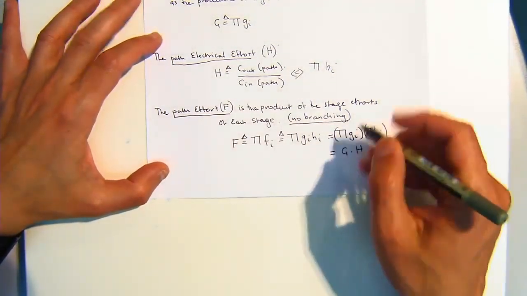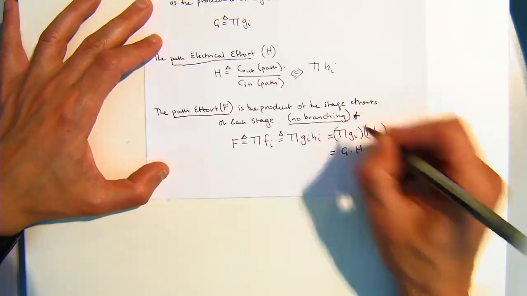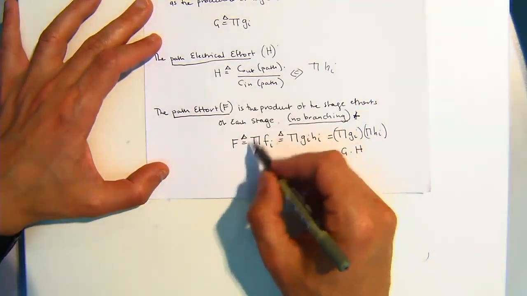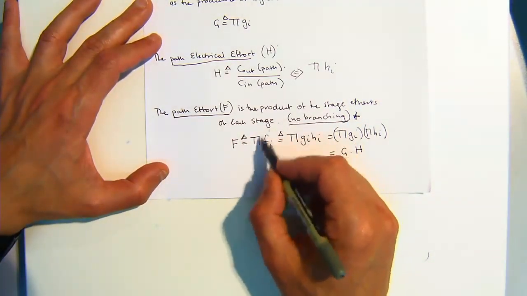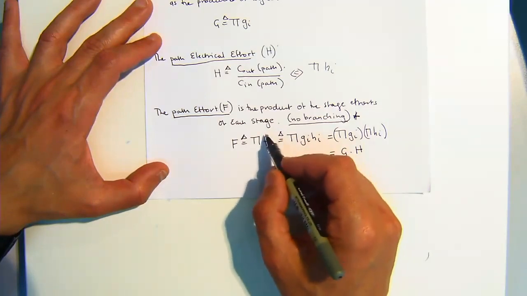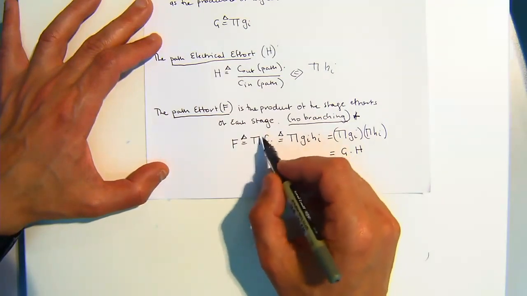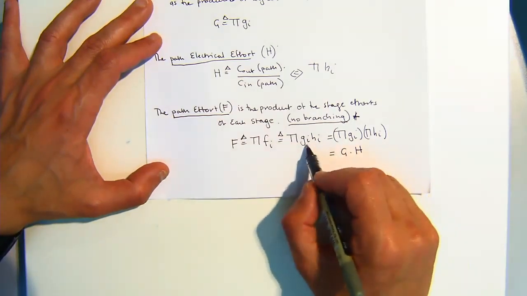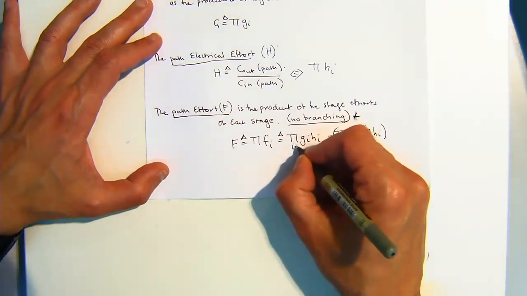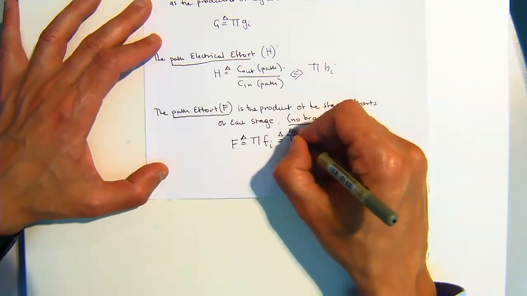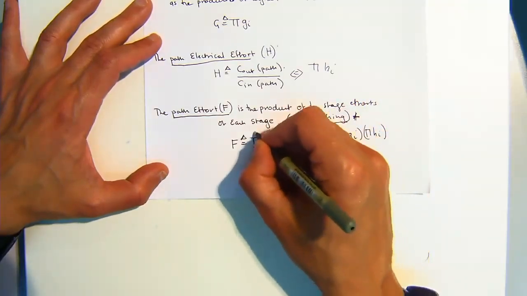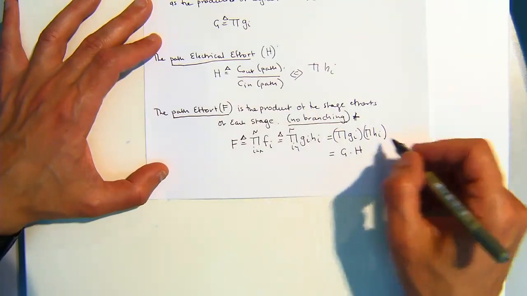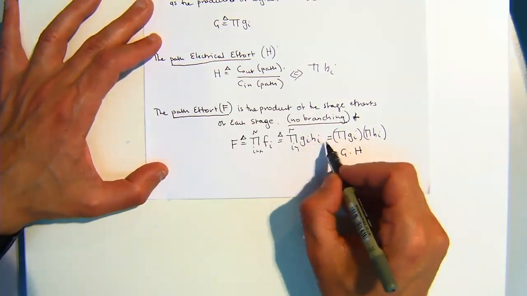So if there's no branching, just to re-emphasize this, it's the product of all the FIs, the effort for each of these elements, which is the product of GI times HI.